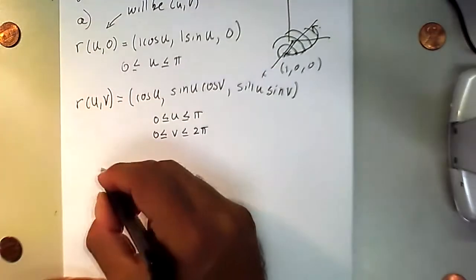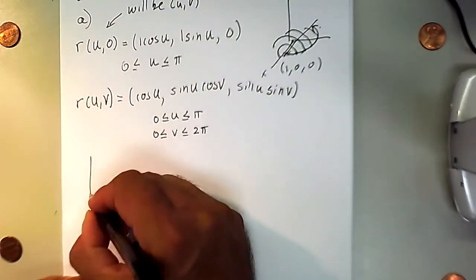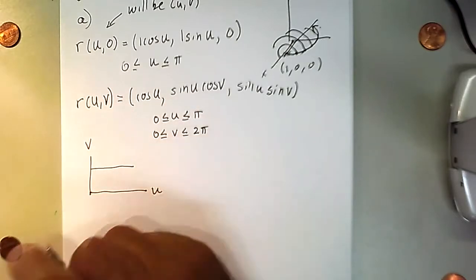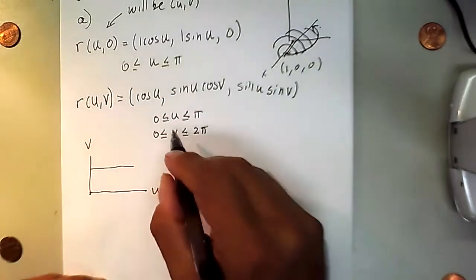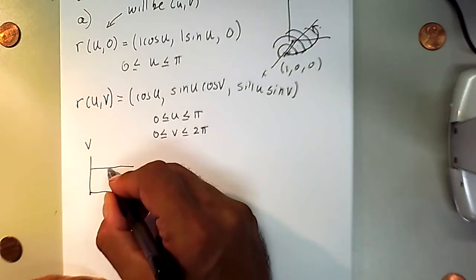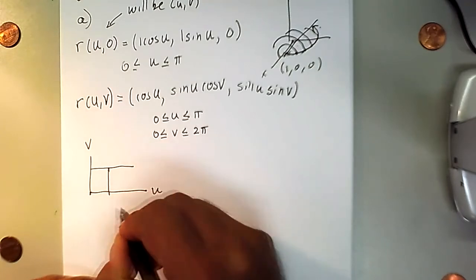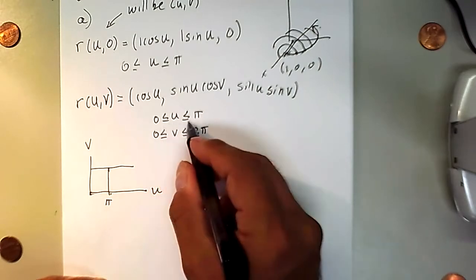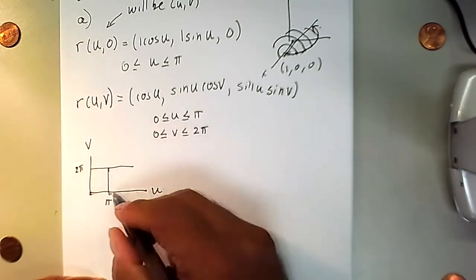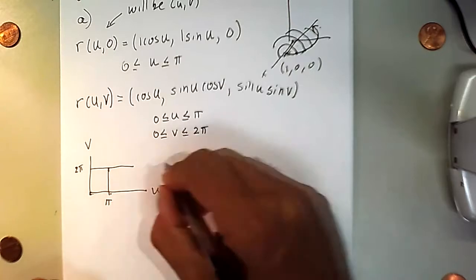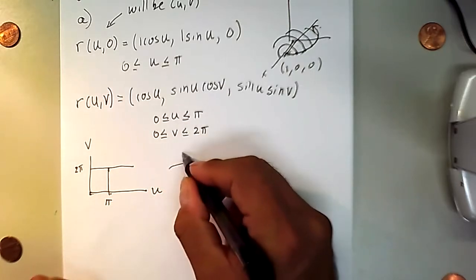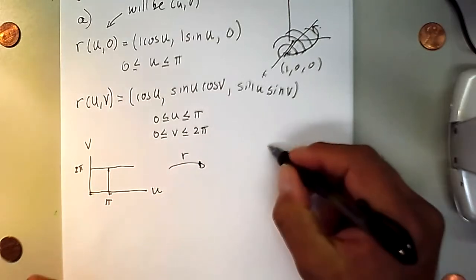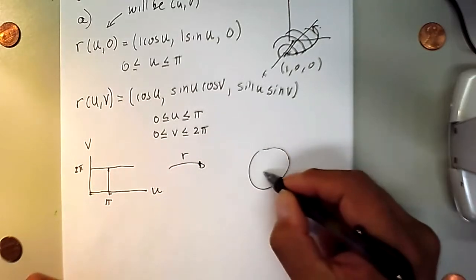So this is what we've done. We have taken a rectangle in the UV plane, a shorter rectangle this way. We go to pi, so only 1 pi this way on the U's and 2 pi on the V's. And we have taken this, and with the help of R, we are able to turn this rectangle into a ball.